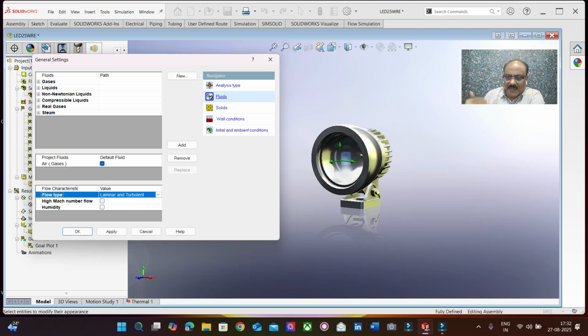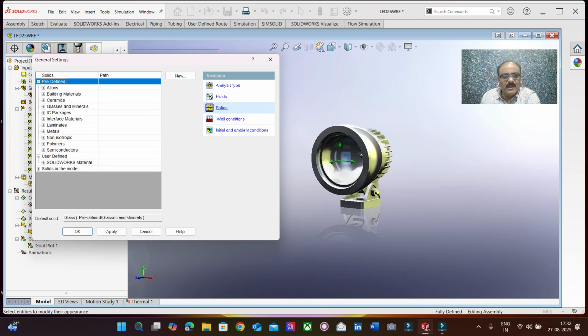We have different kinds of fluids: non-Newtonian fluids, compressible fluids, incompressible fluids, gases, etc. Though air is considered a gas, in this particular system we are going to consider it as a fluid. Then we define the solids.